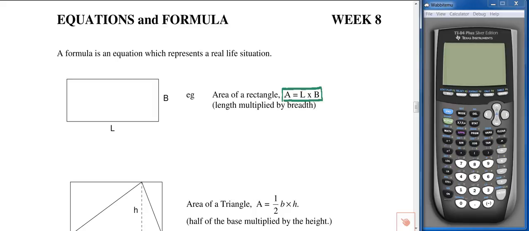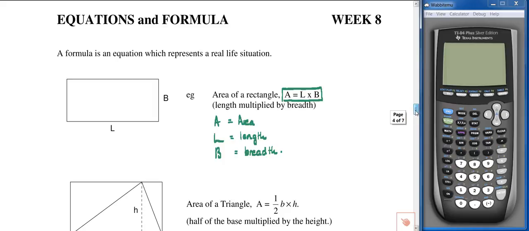For instance, in the formula for the area of a rectangle, if we represent A as area, L as the length of the rectangle, and B as its breadth, then we know that the area is equal to length multiplied by breadth.